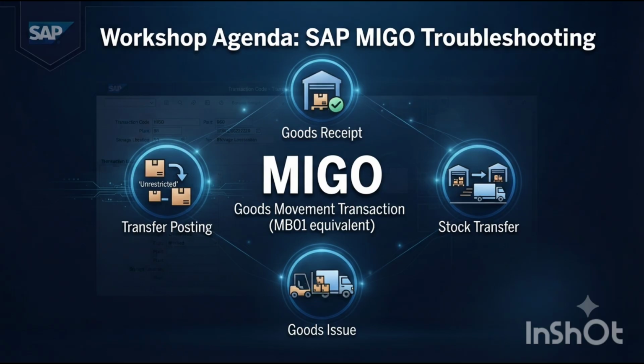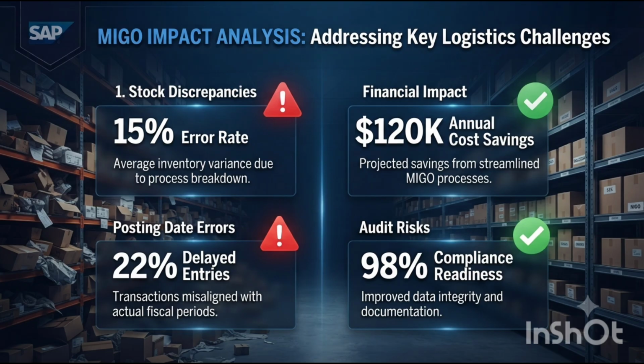When used correctly, it updates inventory in real time. However, small mistakes in movement type, posting date, or quantity can create huge discrepancies between physical stock and system stock. Understanding MIGO properly is the foundation of accurate warehouse management. In the next slide, we will see what happens when things go wrong and how to correct them efficiently.